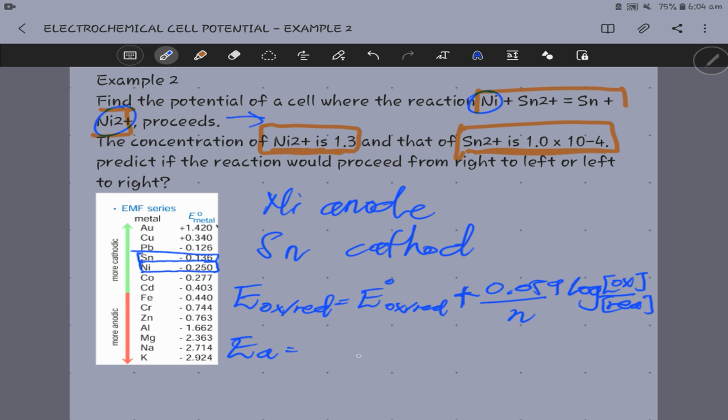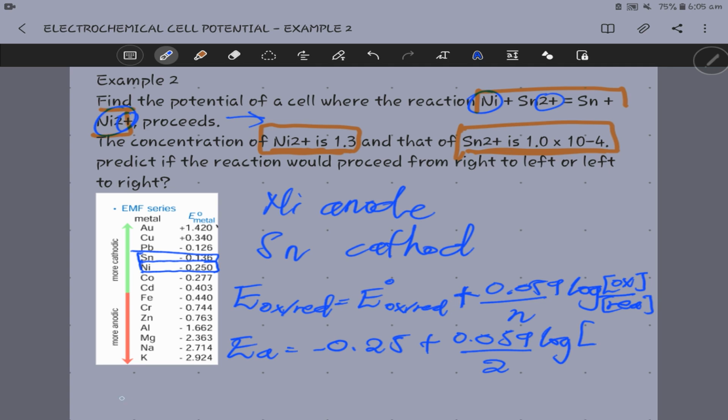The standard potential for that is minus 0.25, plus 0.059. Clearly, the electrons involved are 2, because we see the charges here, 2 plus. And because you are doing it for nickel now, you have log the oxidized state.